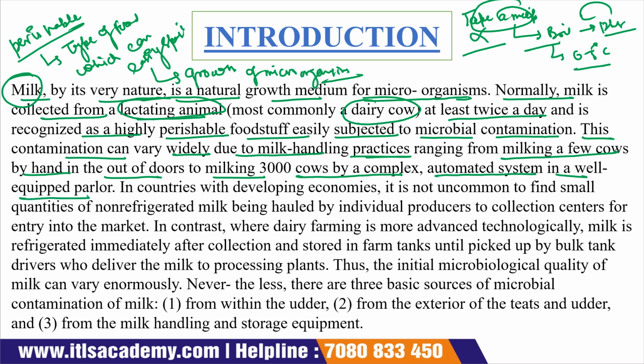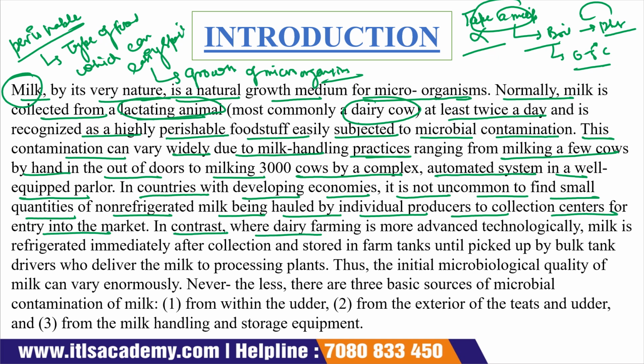In countries with a developing economy, it is not uncommon to find small quantities of non-refrigerated milk being carried by an individual producer to a collection center for entry into the market.